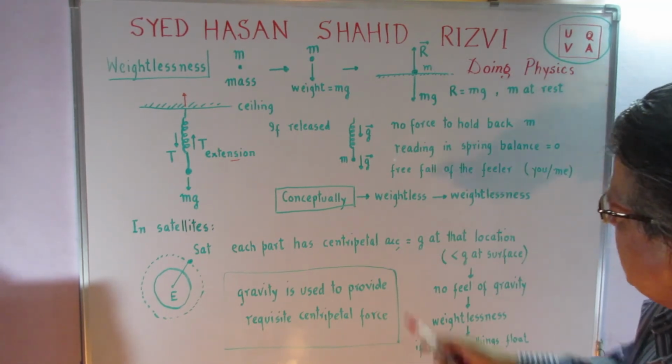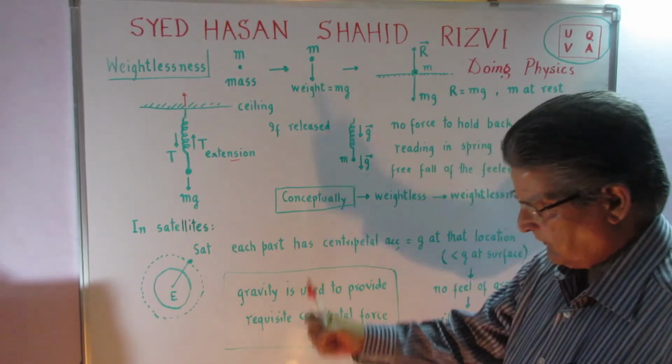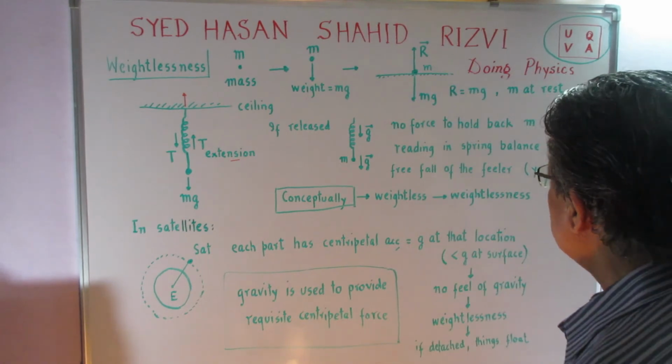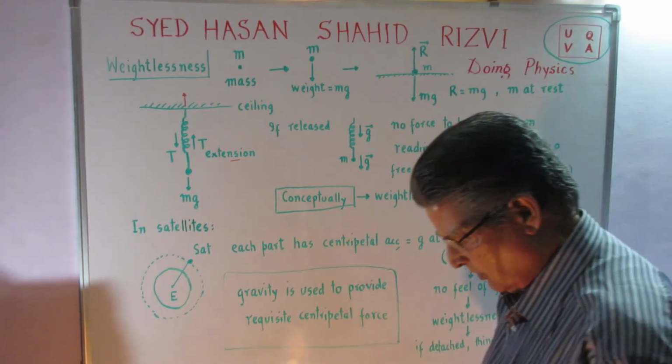So we can see that there is no force to hold back the mass, like we had earlier, or like the surface. So the reading in the spring balance will be equal to 0.